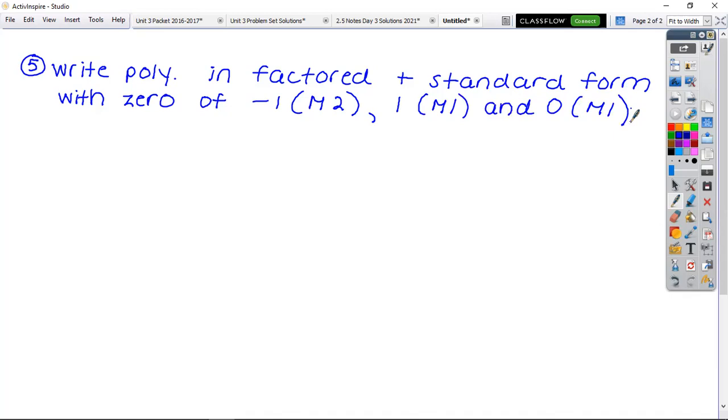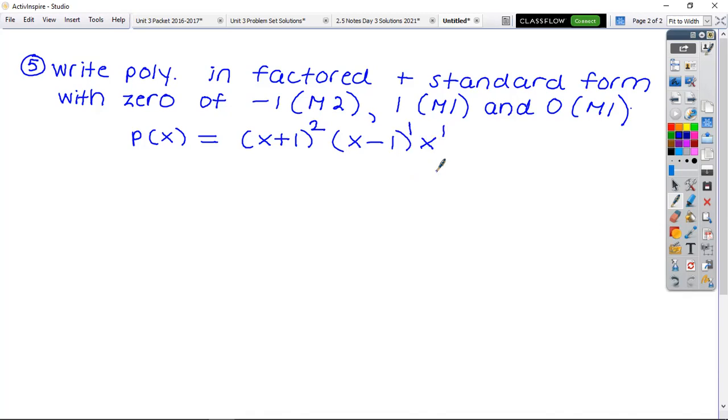First thing I do is take all the signs and switch. Multiplicity becomes your exponent. So I have P of x equals, switch your sign, x plus 1 to the power of 2. I take the positive 1, switch my sign, so x minus 1 to the power of 1. And then 0. You can just write x if you want. So that's one way you can leave your factored answer.